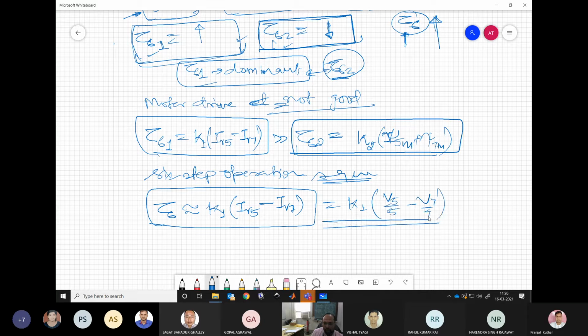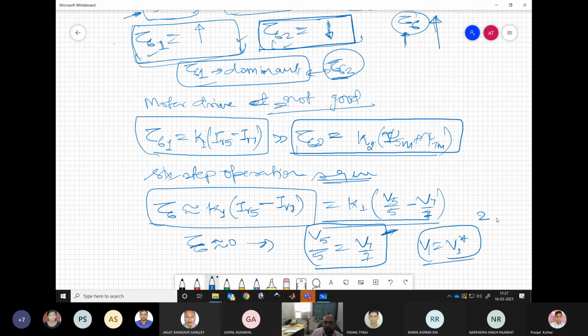So there is one solution. If you are trying to have tau 6 very close to 0, you just maintain V5 by 5 equal to V7 by 7 while maintaining your fundamental. Now this is only one equation and this is another equation, so this is even possible with two switching angles. This was their proposition.